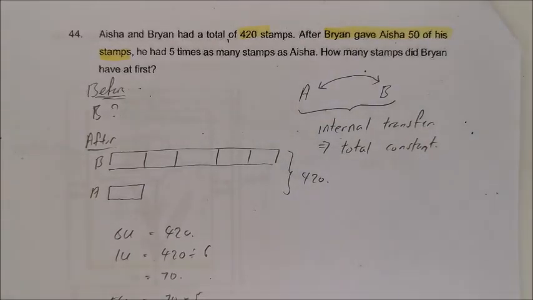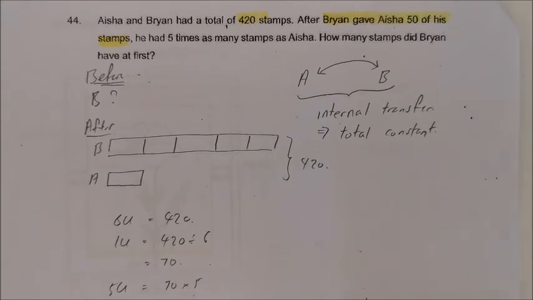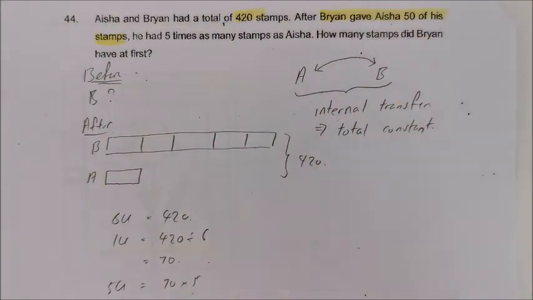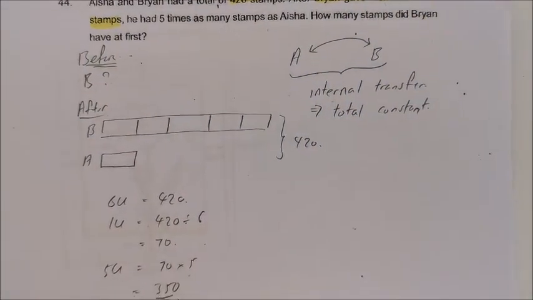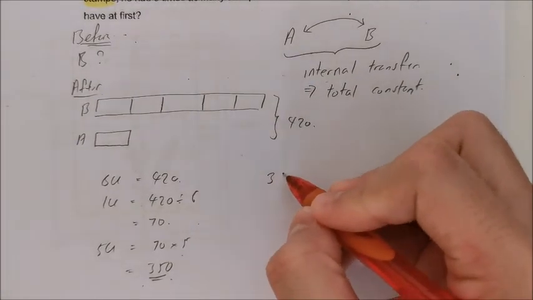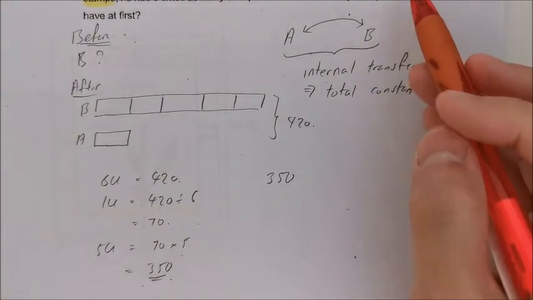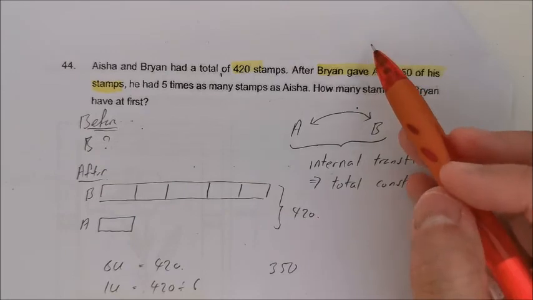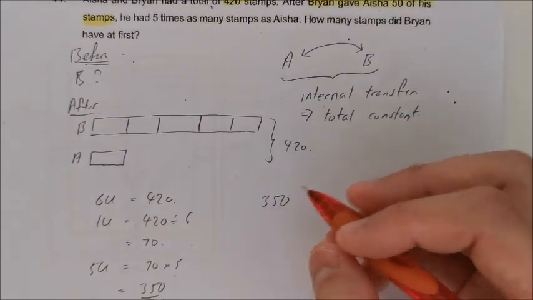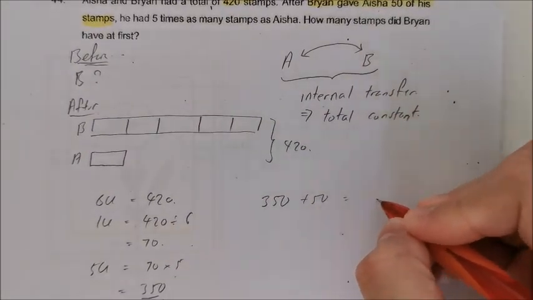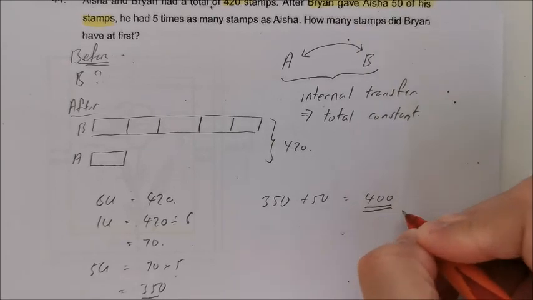To get back the number of stamps Brian had at first, if Brian gave away 50, we just have to give back to Brian. So we just take back the 50 stamps from Aisha and give it back to Brian. So that will be 350 plus 50. Brian had 400 stamps at first.